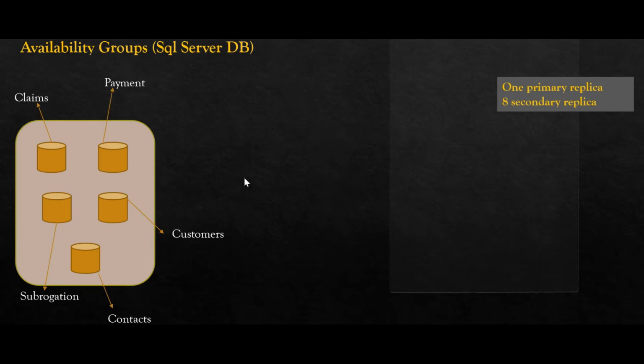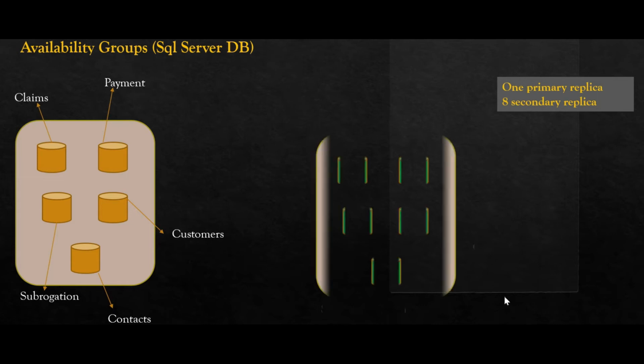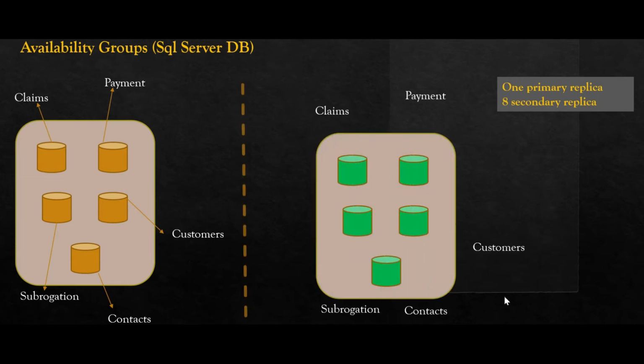So in case of a failover, what happens here is, this entire set of group would fail over to this group. So all databases will fail over here, and this mechanism has one primary replica and 8 secondary replicas for each database.